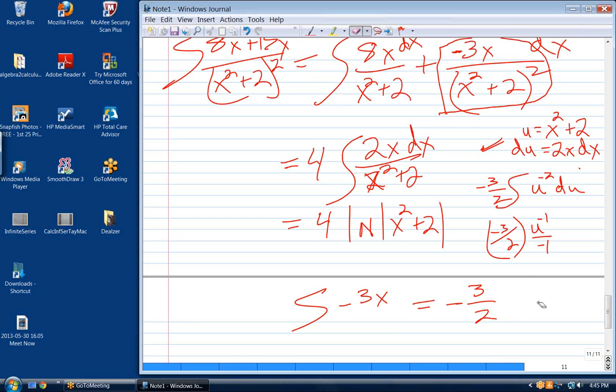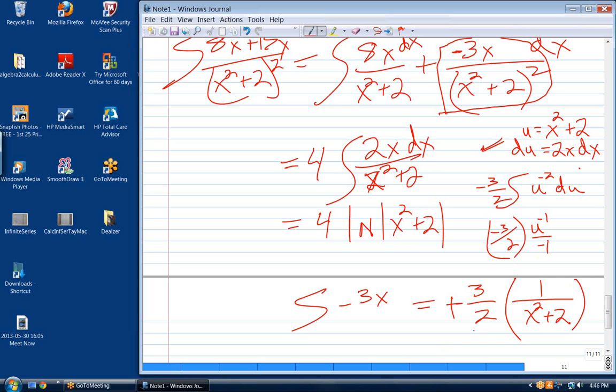So resubstituting back in x squared plus 2 for u gives me a minus 3/2 times x squared plus 2 to the minus 1. So let's make it 1 over x squared plus 2. And this minus 3/2 becomes a plus; the minus and minus cancel to a plus.